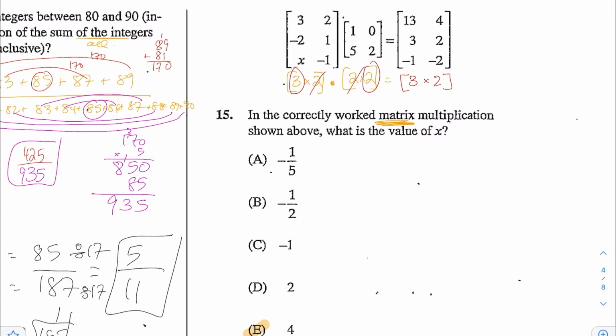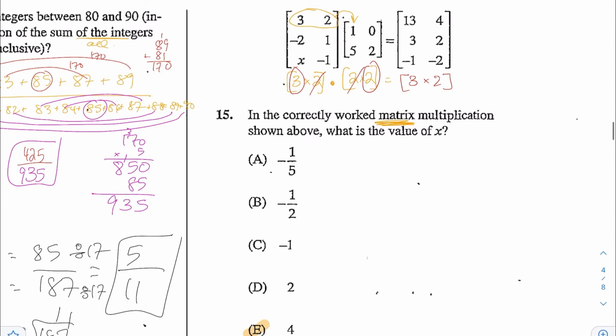You want to take the first row and multiply it by each of these columns. So that's the pattern here. When you take this row of 3 and 2 and multiply it by this column and then this column, you'll get a number in each of the positions.